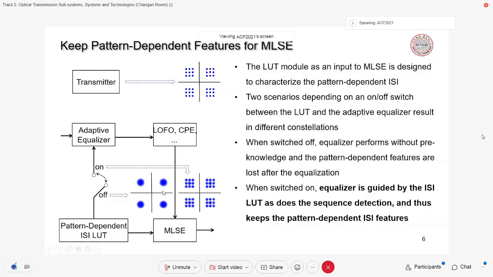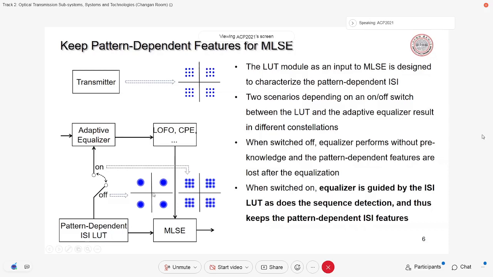And then on the receiver side, like I said, I want to show you, if we have this switch off, this guy for QPSK will work like a regular CMA equalizer. It will try to give you a nice 4-spot QPSK constellation like this.